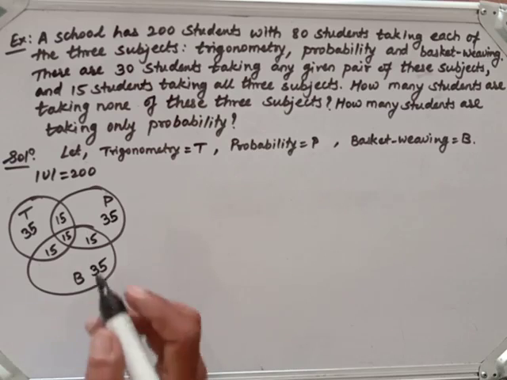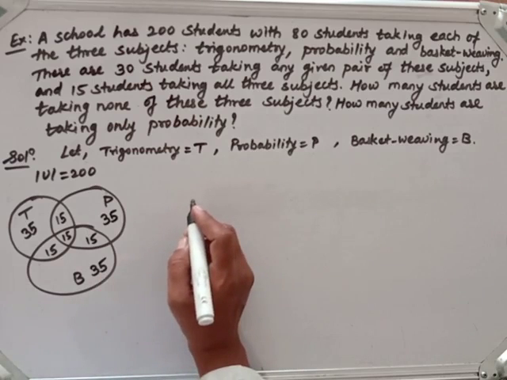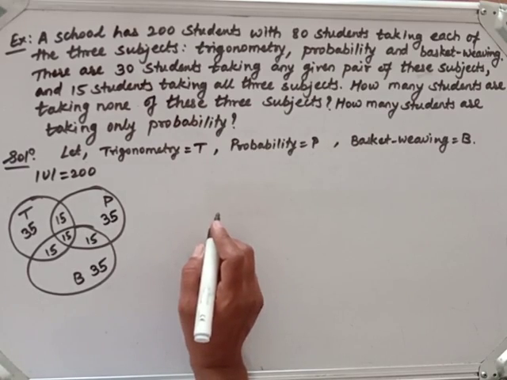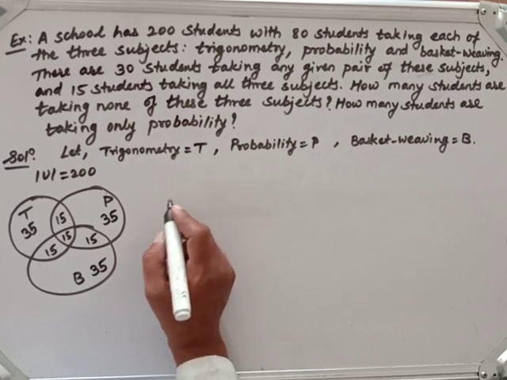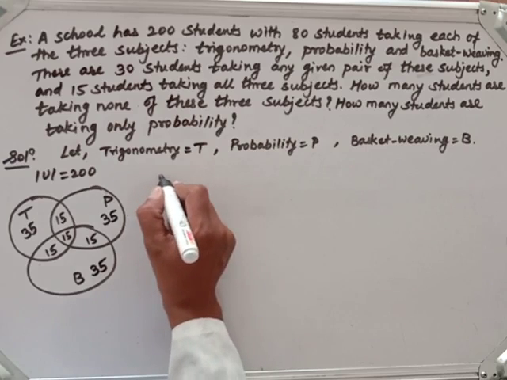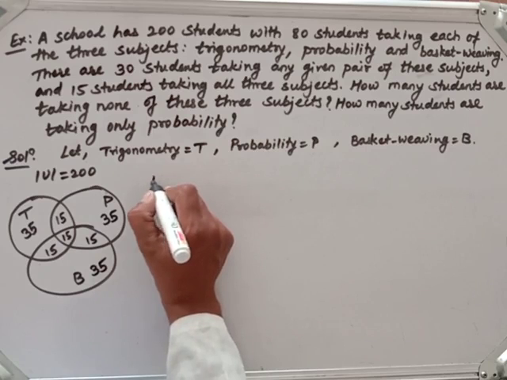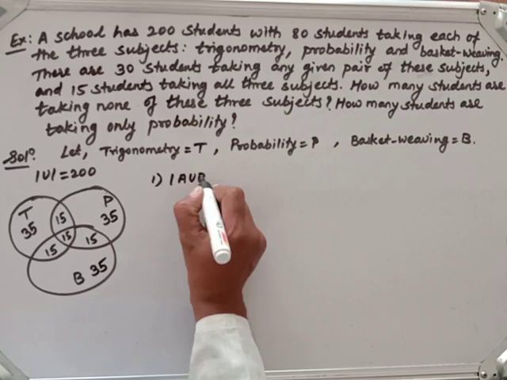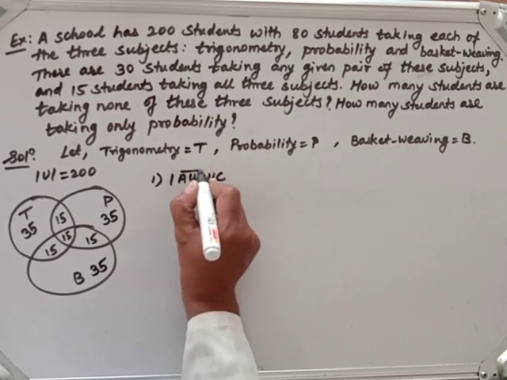Now what we have to determine? That how many students taking none of these? None of these means what? In complement of union. Fine. So let's find out first. First we have to find A union B union C complement.